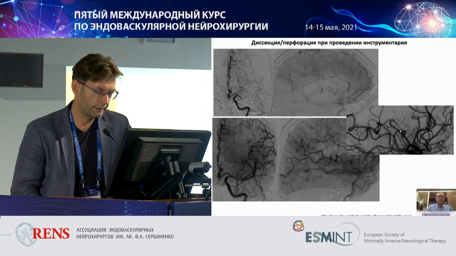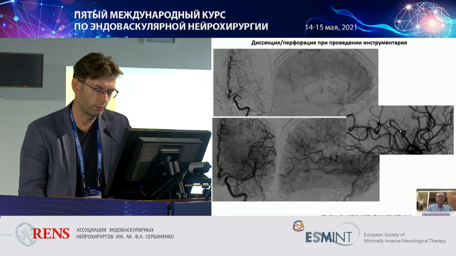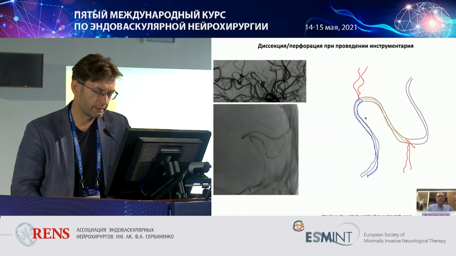There you can see such a case. During the fast passage, they successfully restored the blood flow. But the operator didn't like the emboli in the M3 segment of the MCA, and they decided to perform mechanical thrombectomy from this segment.